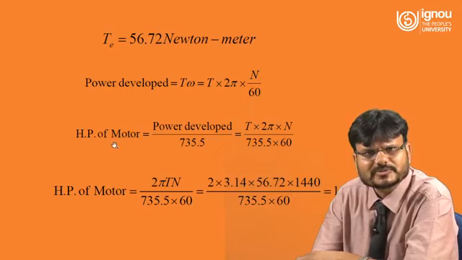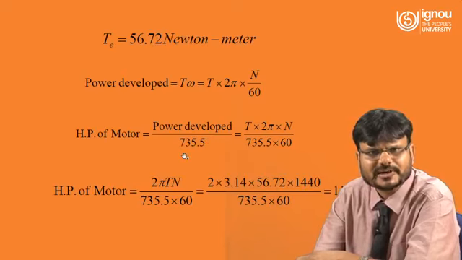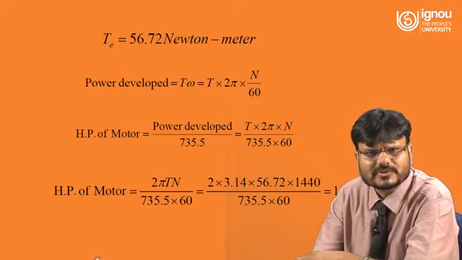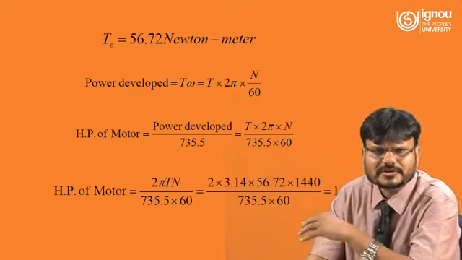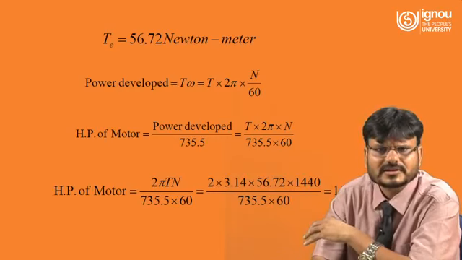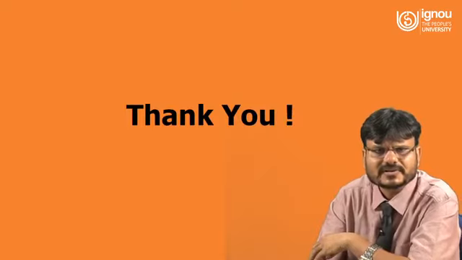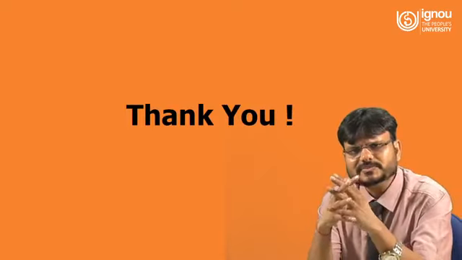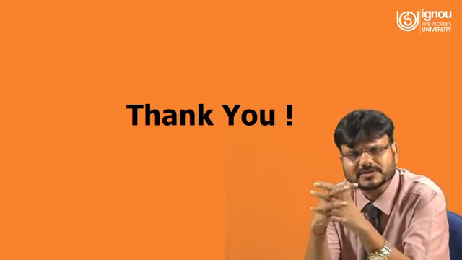So HP of the motor is this power developed divided by 735.5. Put all the values, and after solving, you calculate the horsepower of the motor as 11.63 HP.